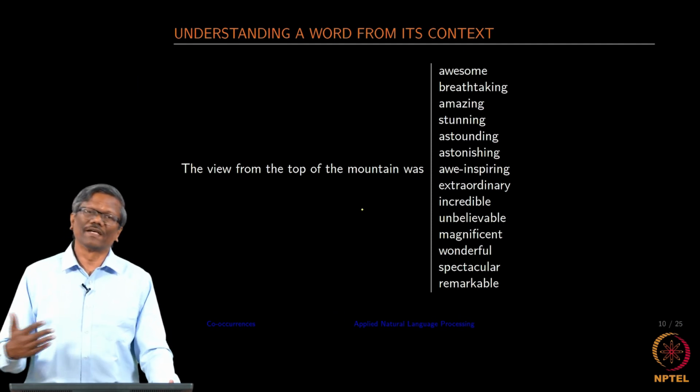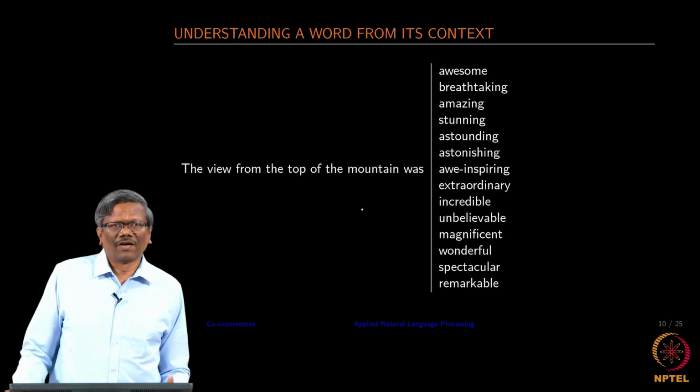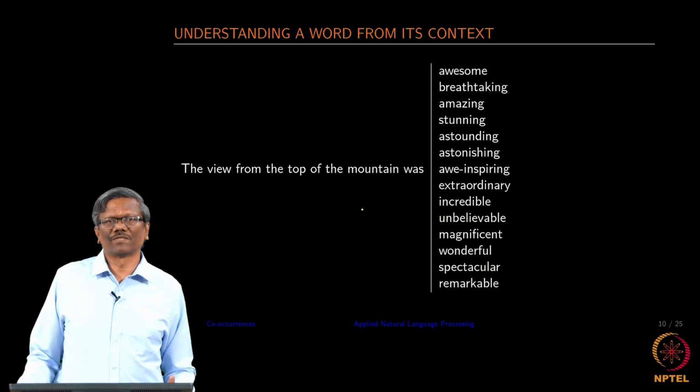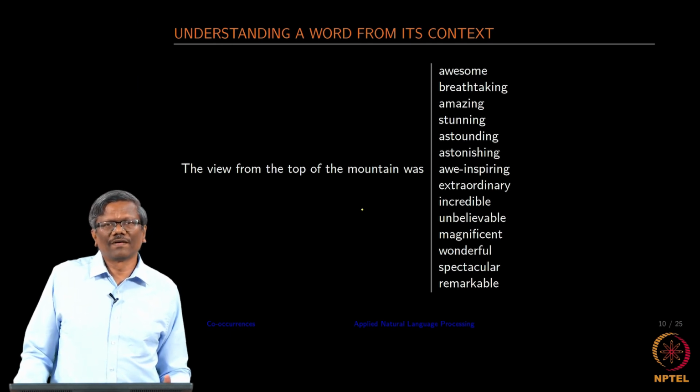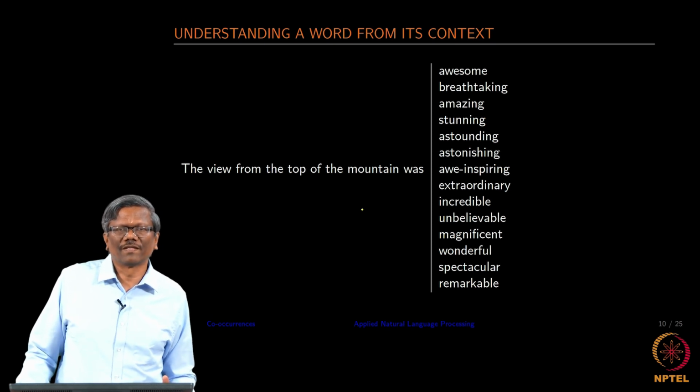Supposing you are only looking at the positive sentiments from the corpus, you would see that one author would have written the view from the top of the mountain was awe inspiring. One author would have written that the view from the top of the mountain was remarkable. One could have written the view from the top of the mountain was breathtaking.